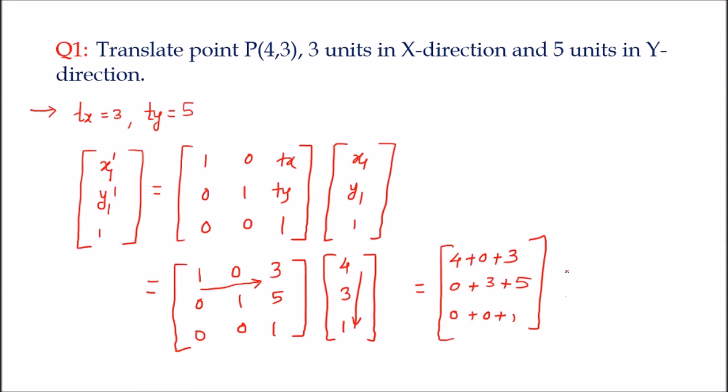So this is equal to 4 plus 3 is 7, 3 plus 5 is 8, and 1. After translating 3 units in the x direction and 5 units in the y direction, the new coordinates become 7, 8. Earlier it was 4, 3.